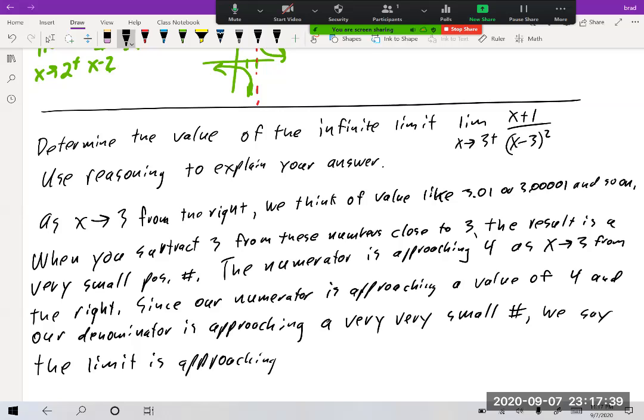You're going to get some massive positive number. So we say that it is approaching positive infinity, okay? So then that means I could come over here and say the limit as x approaches 3 from the right of this is approaching positive infinity.